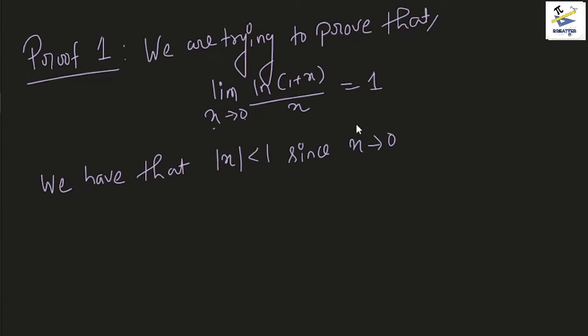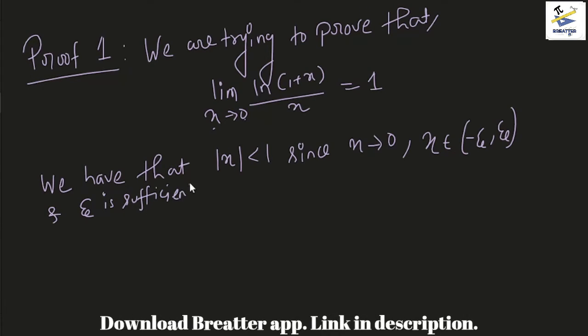So it's like an epsilon distance, which is very small. We can consider it as small as we want, and it's in that distance from 0. So basically x lies in an interval like this, from minus epsilon to plus epsilon, where epsilon is sufficiently small.